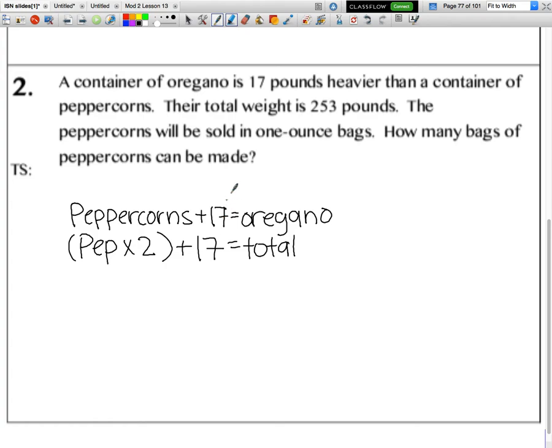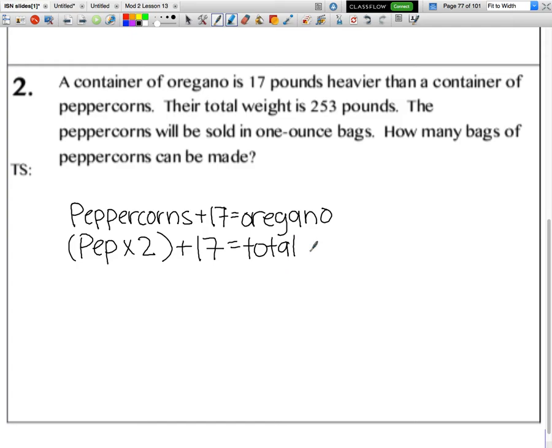But if I add both of those together, it's going to be 253. So if I do 253 divided by 2, that's not going to tell me how much it's going to be, because peppercorns plus 17 equals oregano. So I have to find out what 2 peppercorns are, then plus 17, and that will give me my total.